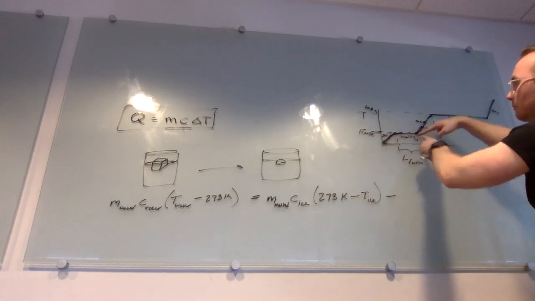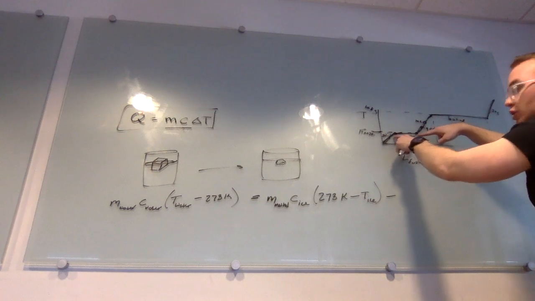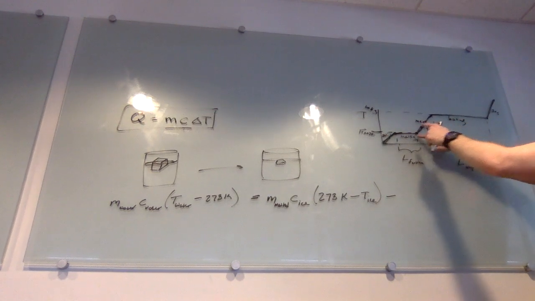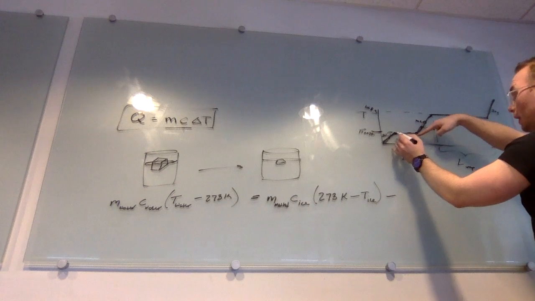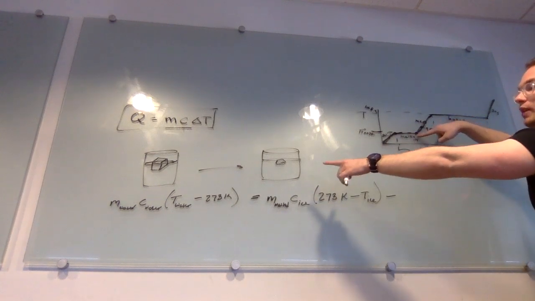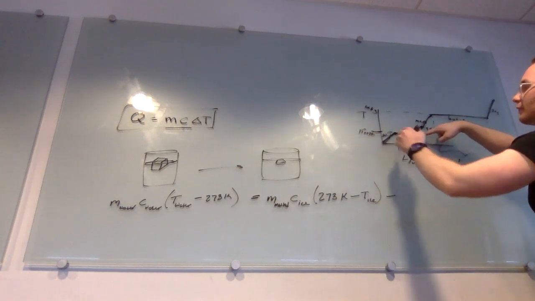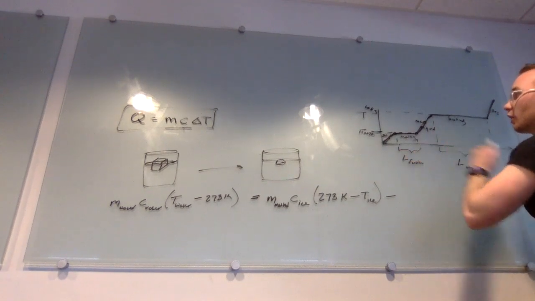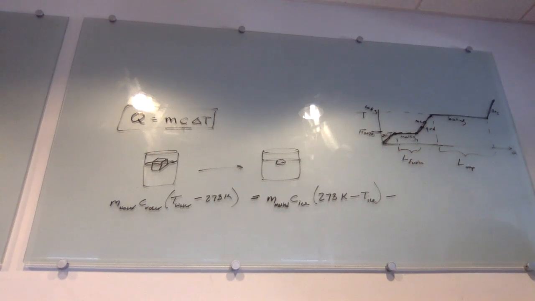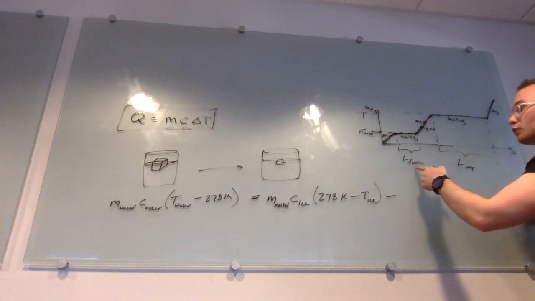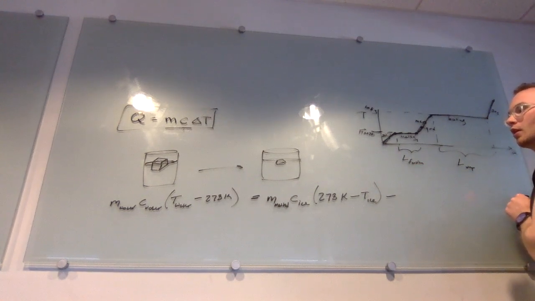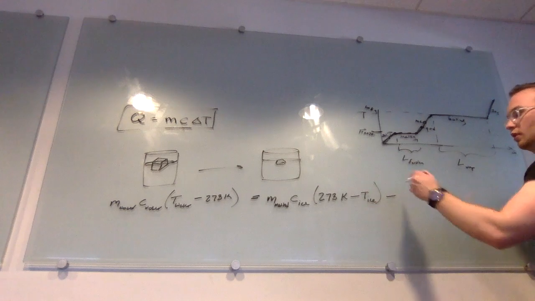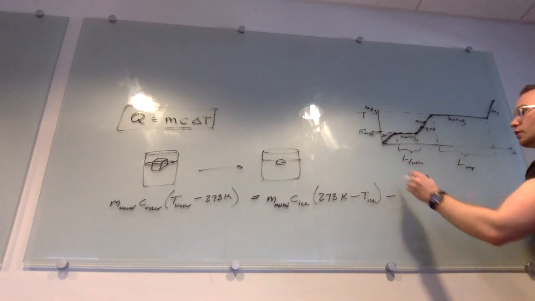But they don't have the same, like, it's going to melt some of the ice. So because we know we have water and we have ice left over, we're going to have to move some of the ice all the way up to here. And so we're going to have to use the heat of fusion for the mass. So what's the heat of fusion?